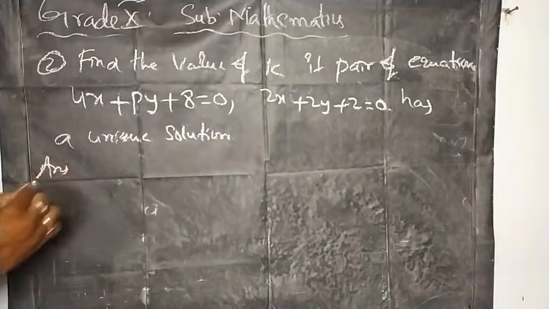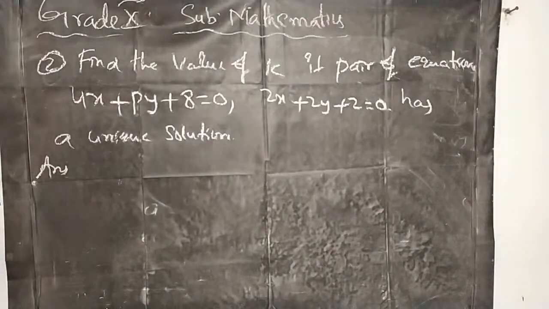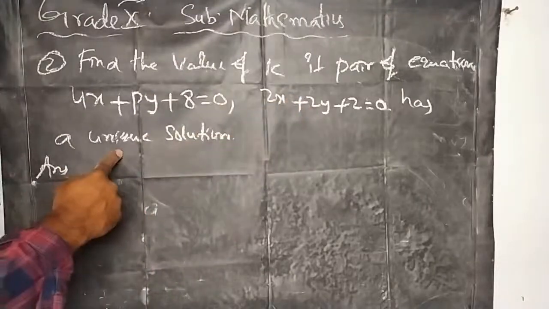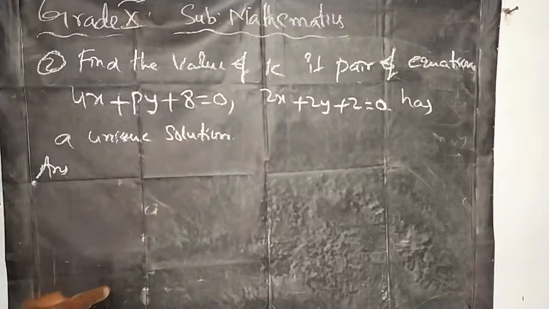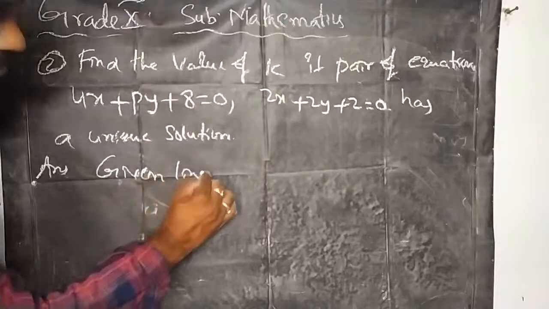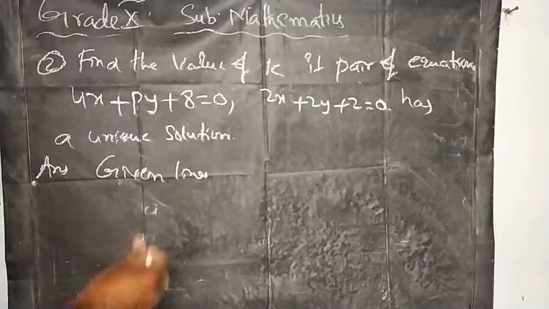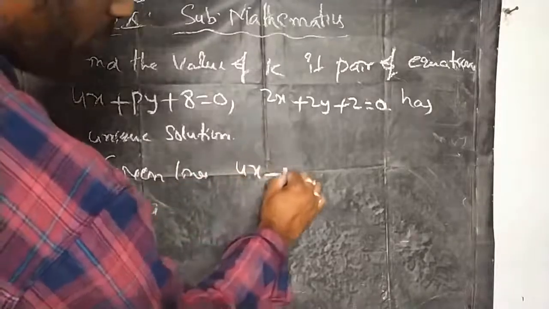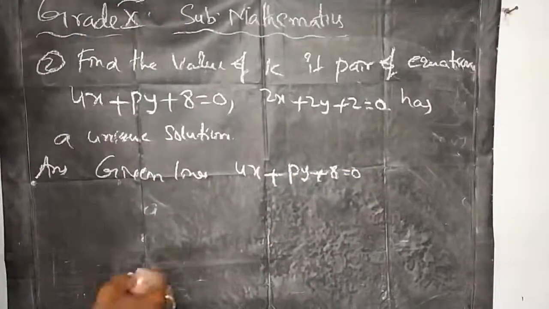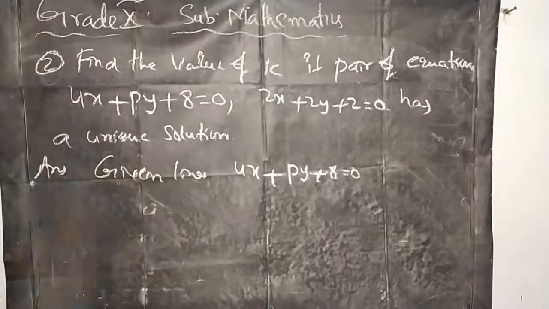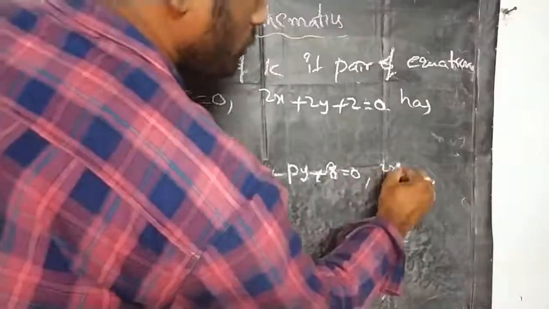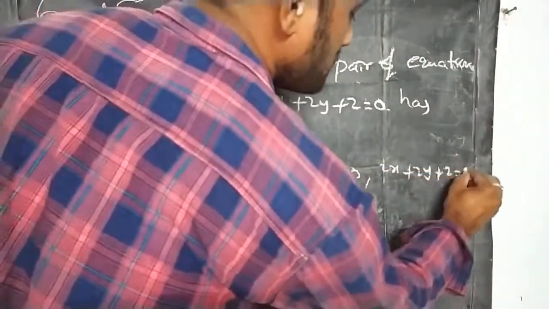See here, the question clearly mentions that it is a unique solution. So whenever it mentions a unique solution, we have to think about the condition. The condition is A1 by A2 is not equal to B1 by B2. Given lines 4x plus py plus 8 is equal to 0 and 2x plus 2y plus 2 is equal to 0.